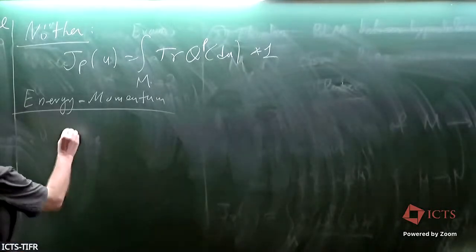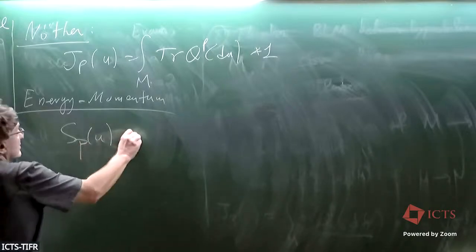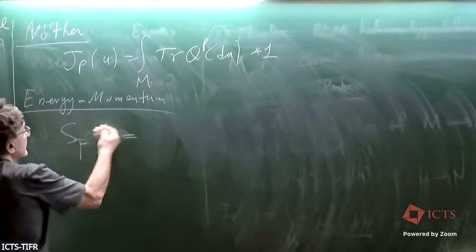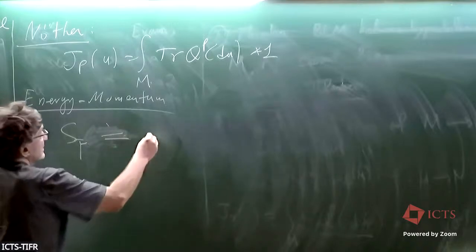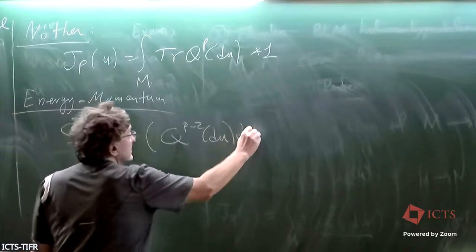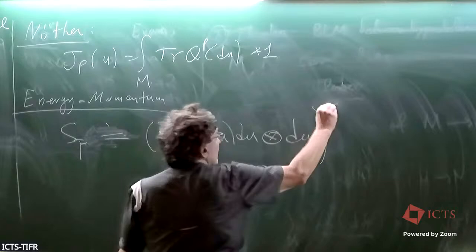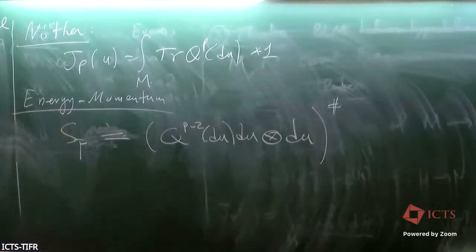It's the following tensor, S_p of u, which is equal to: you take |du|^(p-2) du, and then you contract it. Let me explain what I mean by that.